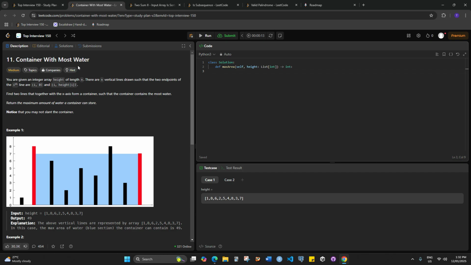And I presume the value between the two 8s is not possible because 8 and 8 would give you how much water? So 1, 2, 3, 4. What?